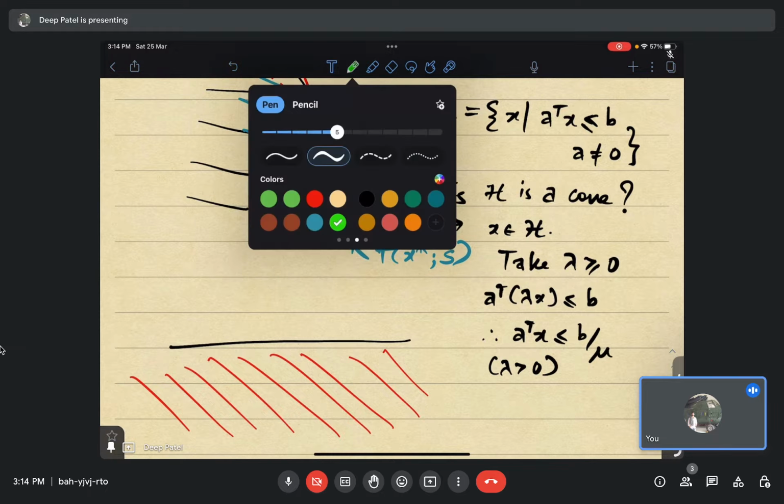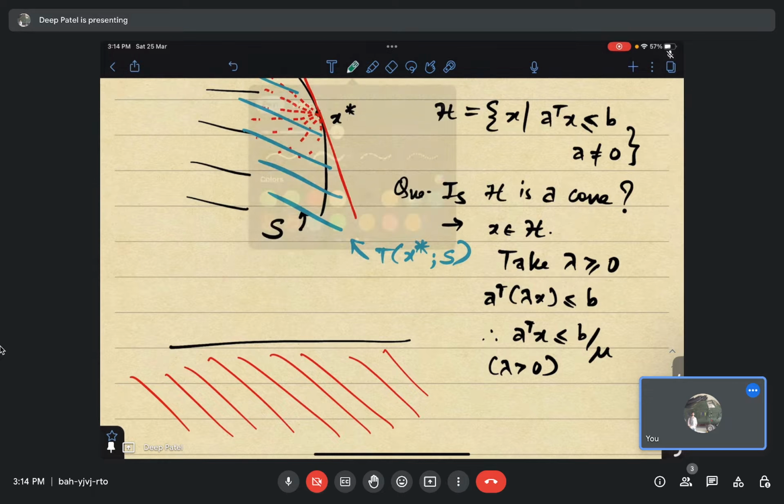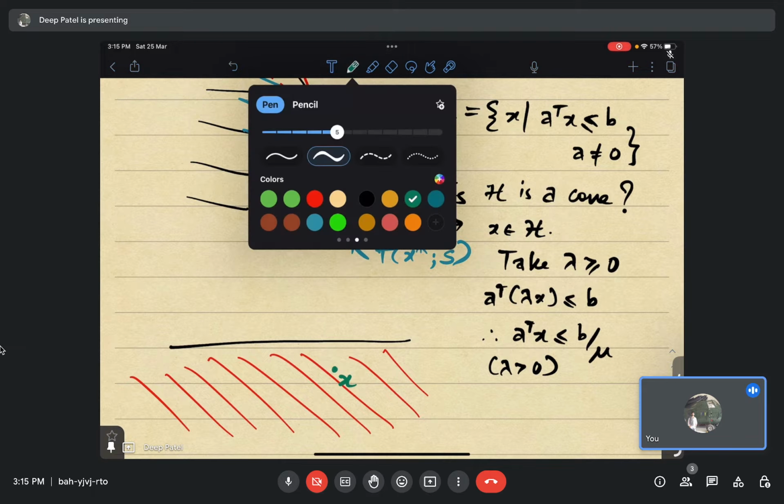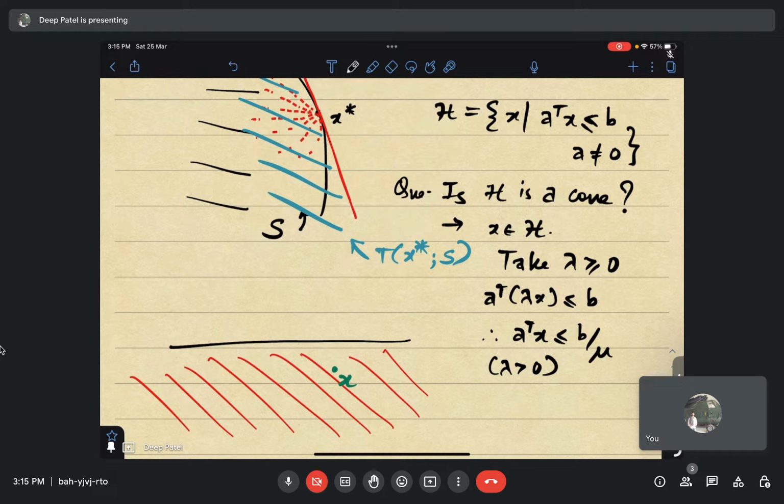Let's say we take some point here, x, and for concreteness I will take the same case, but now I'll say that's the lower half.